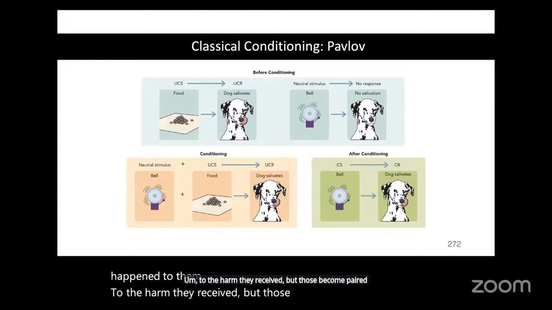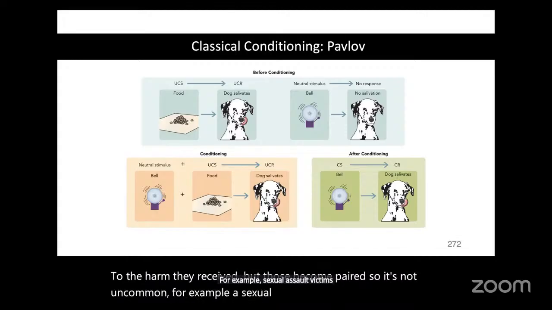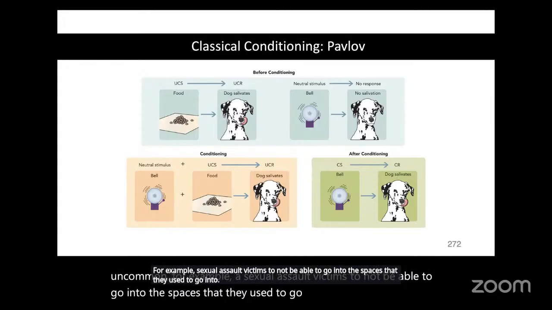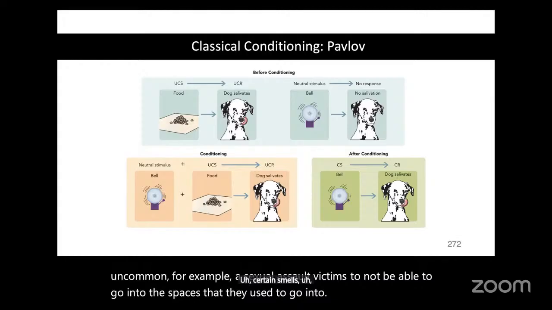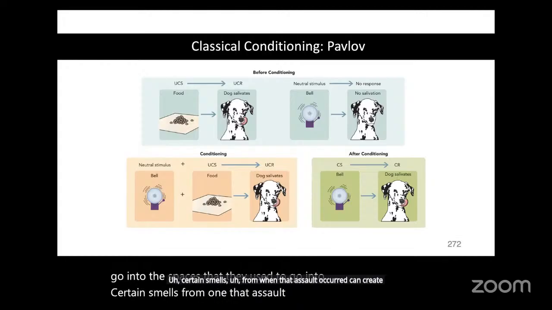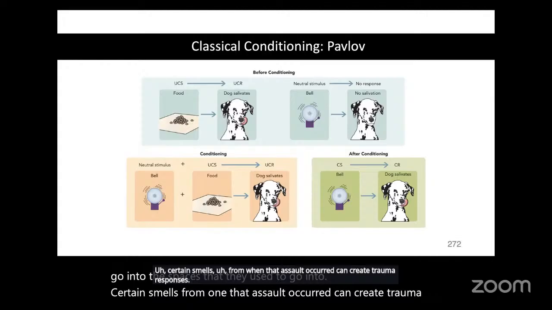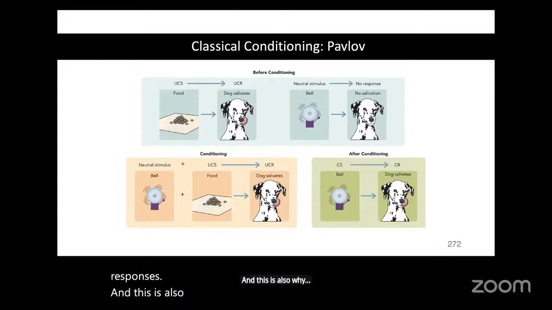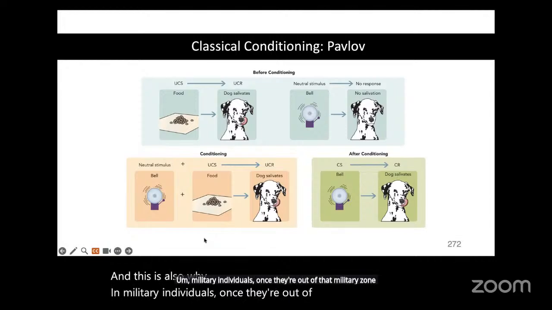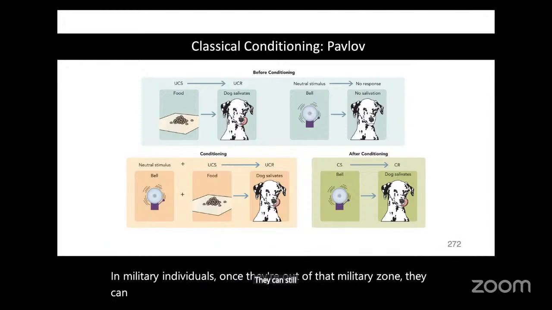So it's not uncommon for sexual assault victims to not be able to go into the spaces they used to go into. Certain smells from when that assault occurred can create trauma responses. And this is also why military individuals, once they're out of that military zone, can still have re-traumatized experiences from certain stimuli, such as fireworks going off.